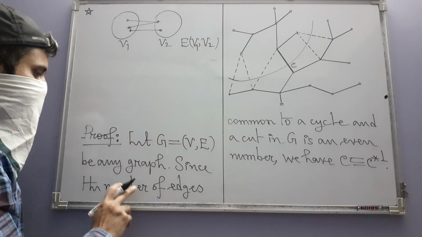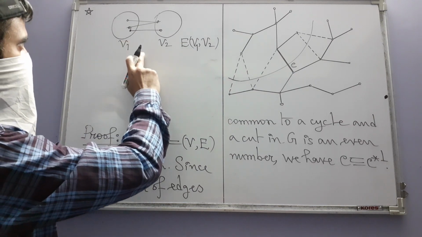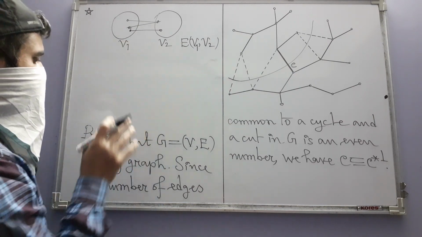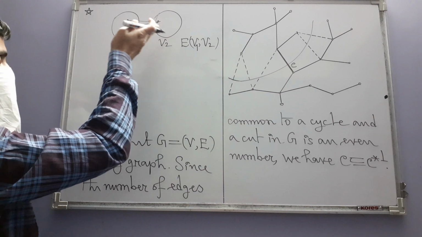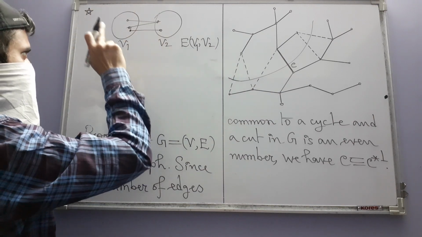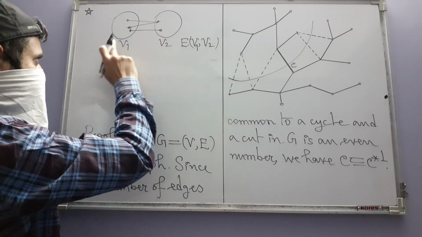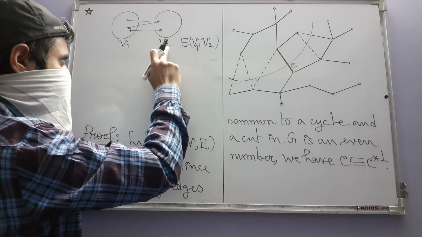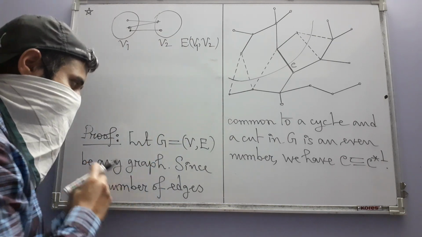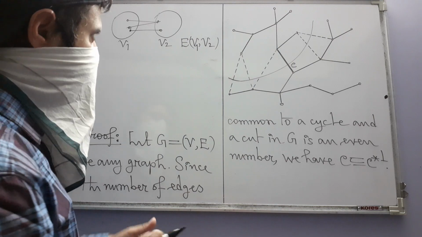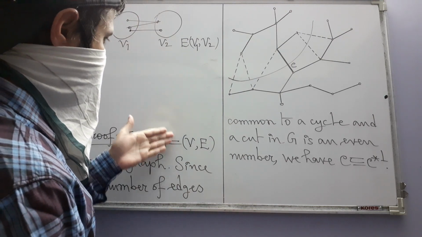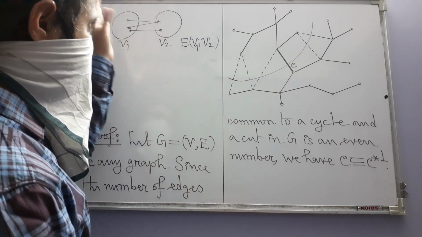So now what we are saying is that if there is a cycle in our graph, now this in fact is our entire graph. Taking into account all the vertices in V1 and those in V2, we have all the vertices in G. And whatever edges the graph G has are present here.